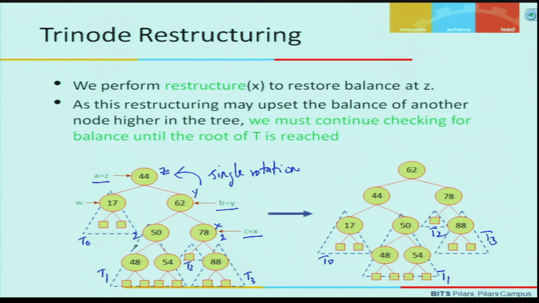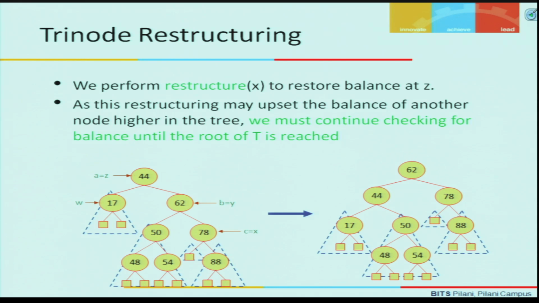In this case, you will have T0, then you will have 44, then you will have T1, then there will be 62, then you will have T2 which is empty, 78 and T3 which is exactly the same as what you have in the rearranged or restructured tree.